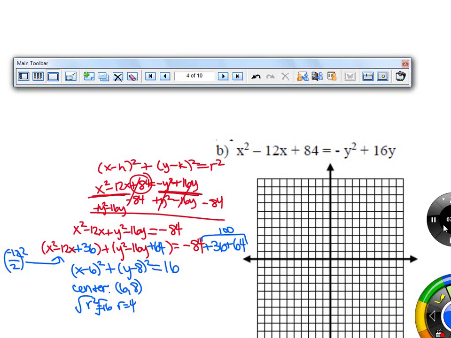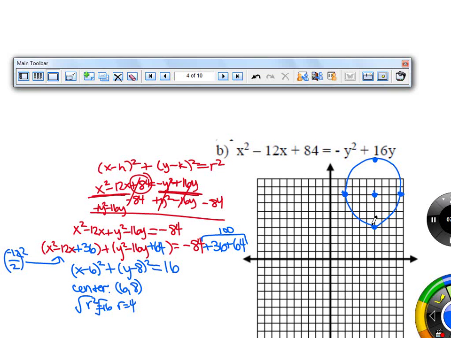So 1, 2, 3, 4, 5, 6. 1, 2, 3, 4, 5, 6, 7, 8. And a radius of 4. Sorry, a little bit off the page. And then draw in that circle as best as we can. Okay. And so there we have that.